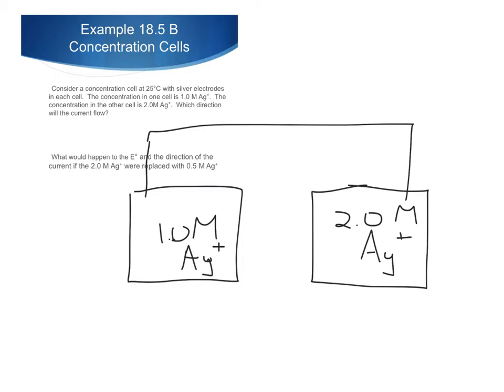Which one's the anode, cathode, and electron flow? Again, we need a higher molarity in this cell and a lower molarity in this cell so that we can get a homogeneous mixture.